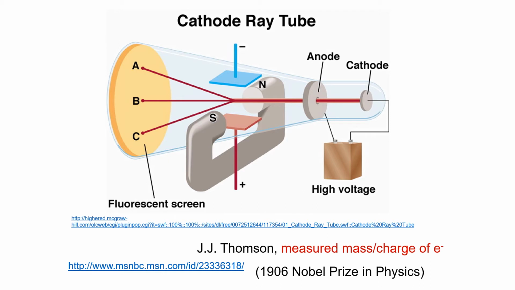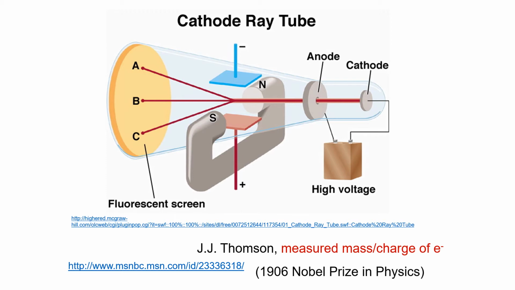Okay, so these charged plates are outside the cathode ray tube, and of course the magnet's outside as well. When the magnet is on, the particles that are streaming here, which we now know to be electrons, strike the screen at position A. So the magnet's on and these electrical plates are turned off.